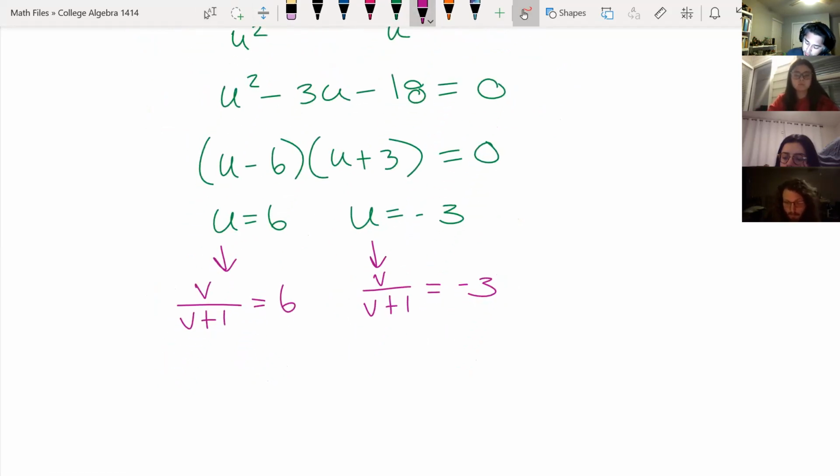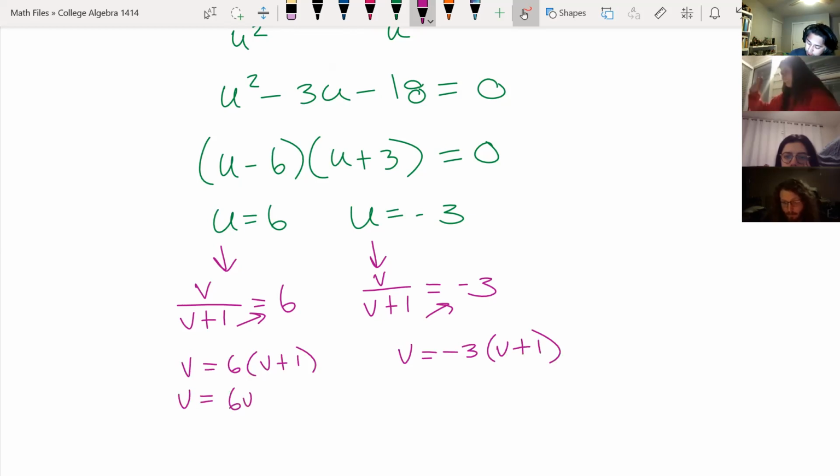So again, multiply those denominators to the right, and you'll get v equals 6 times v plus 1. v equals -3 times v plus 1. And then solve for v.